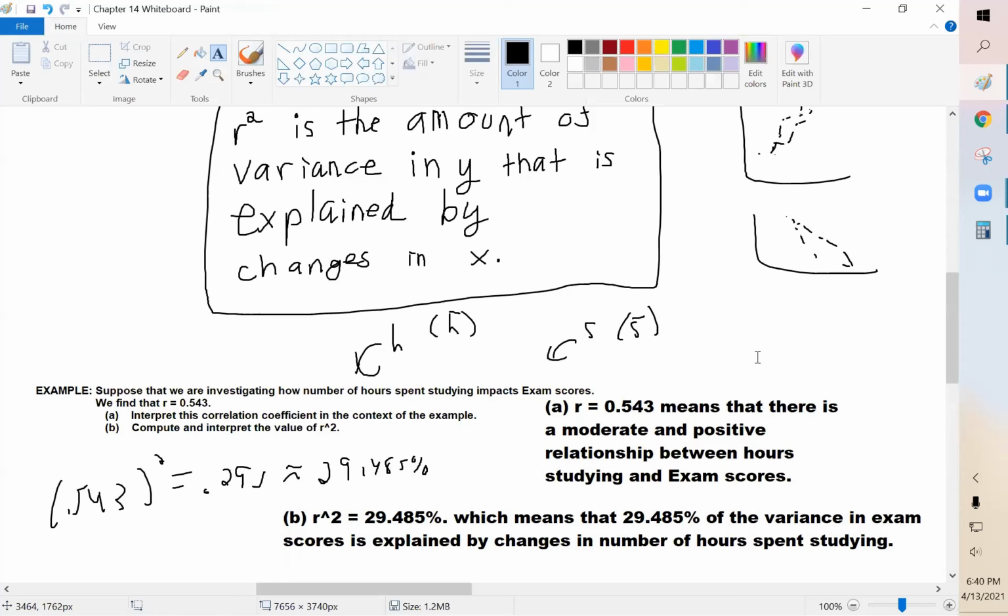Any questions about where these interpretations came from? Both of these are going to pop up exact same format on the exam. You'll have a different problem and there'll be more parts to the problem, but the regression problem on the exam, you will have two parts like this. You'll have to interpret your R, you'll have to get the R squared and then interpret that R squared.